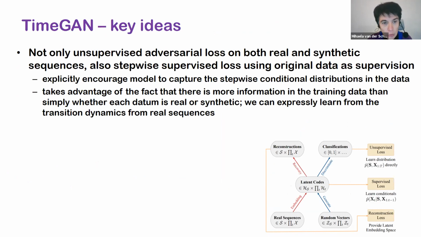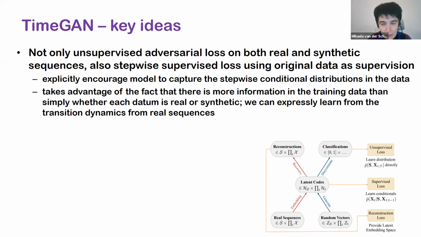So we are going to add a stepwise supervised loss at every time step, using the original data as supervision. This will explicitly encourage the model to capture the stepwise conditional distribution in the data over time, thereby ensuring high fidelity.